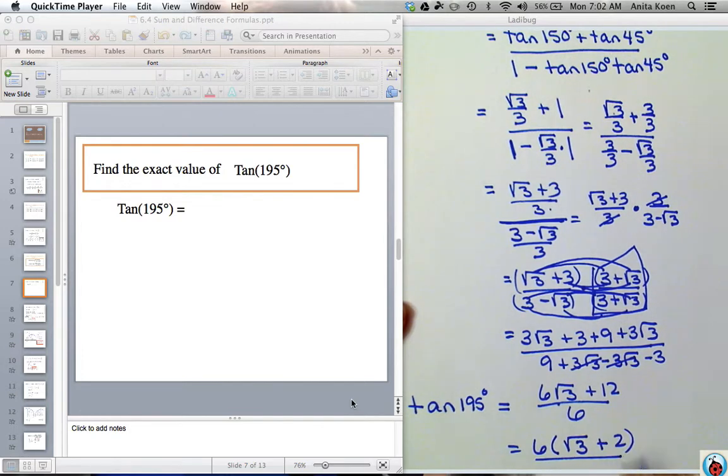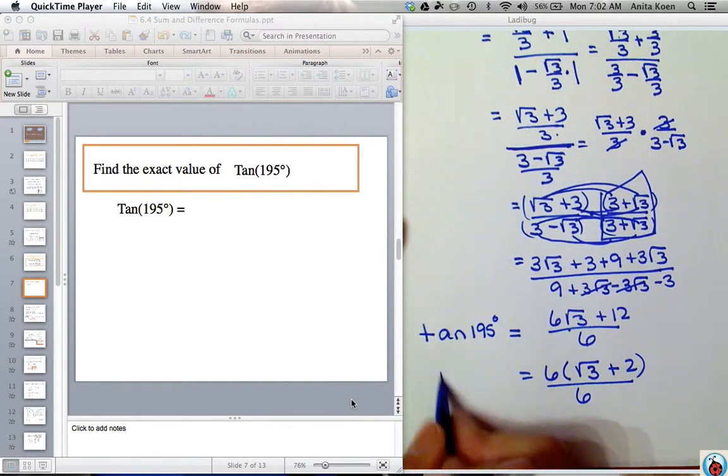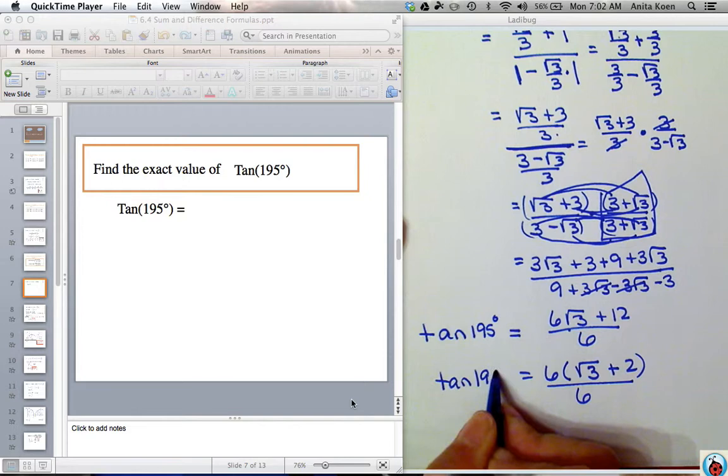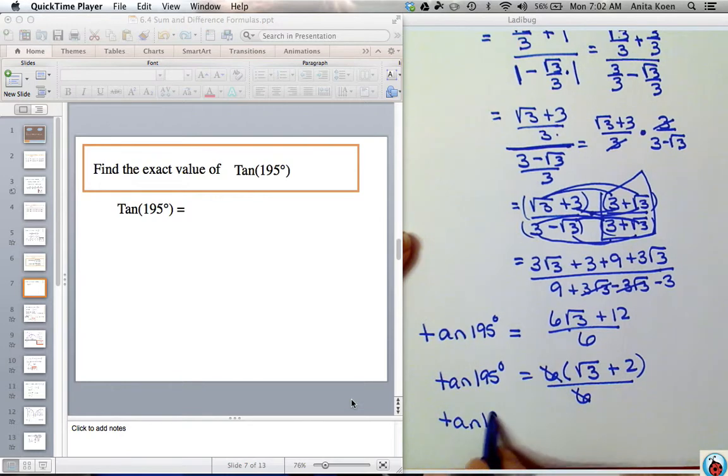So I'm going to factor out that common factor of 6. Common factor of 6 will cancel, and now I get the tangent of 195 degrees is equal to the square root of 3 plus 2, or in some instances they might write 2 plus the square root of 3.